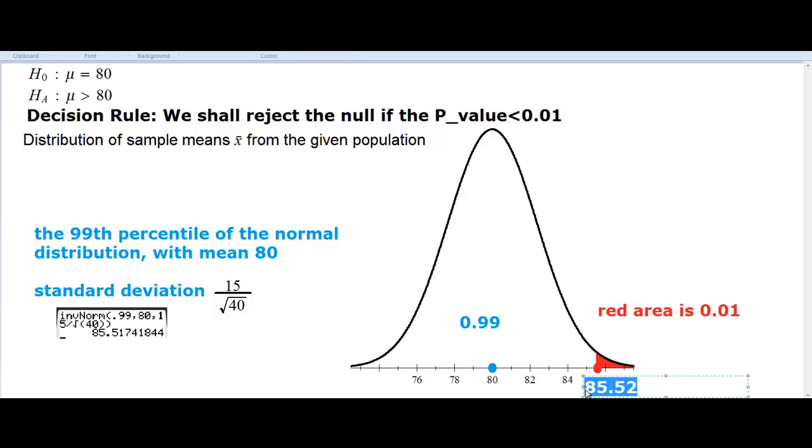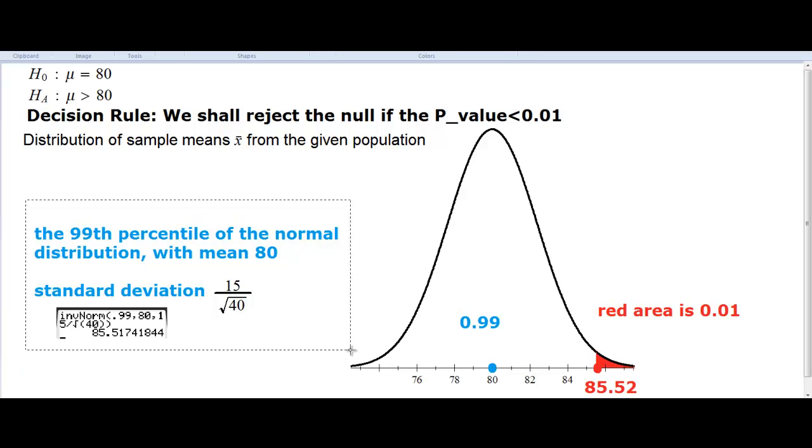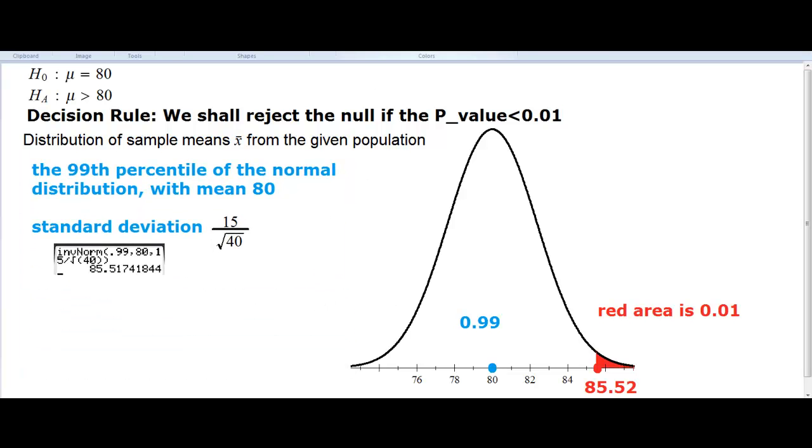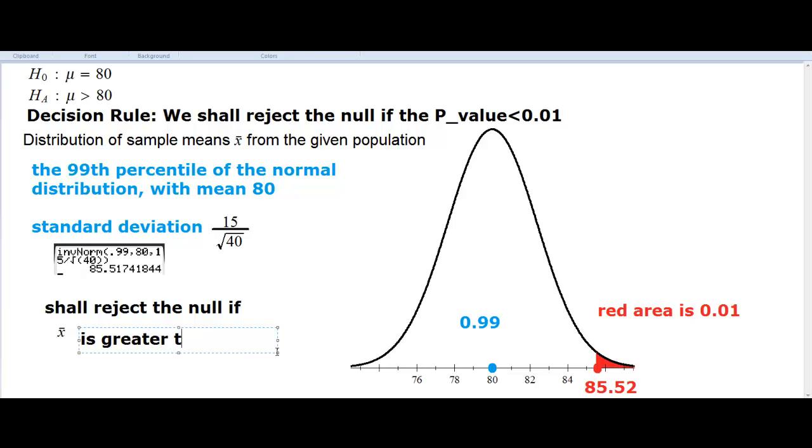Our strategy is now this: we shall reject the null if our sample mean x bar is greater than 85.52 units.